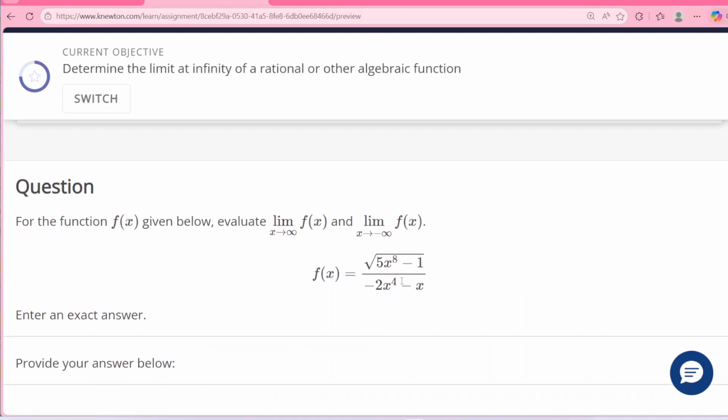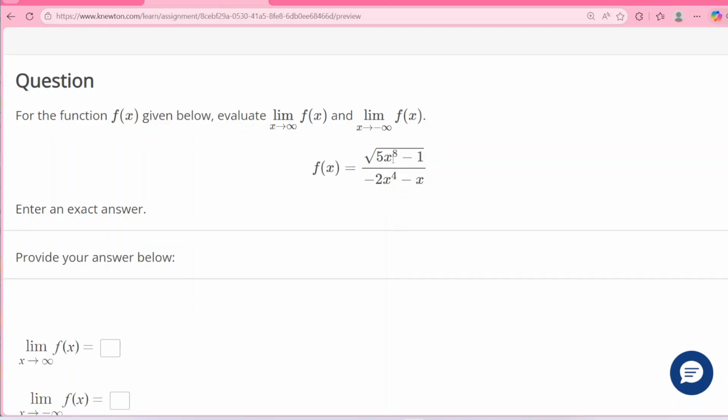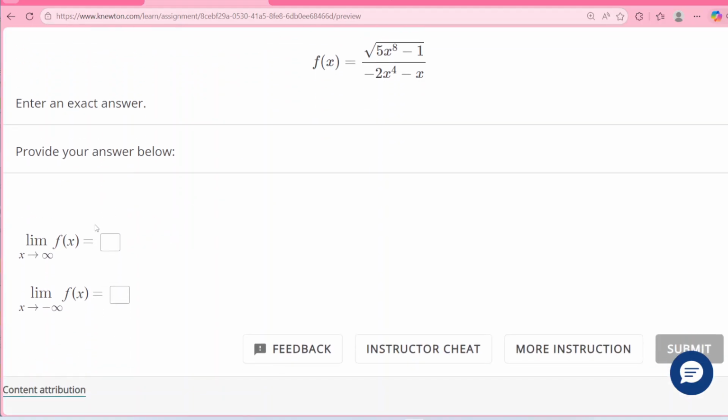This is very much the same thing, right? Notice it's got square root of x to the 8th in the lead term. So that'd be x to the 4th once again. Don't worry about that, it's always a positive number, so that'll always give you the positive root. And then you've got negative 2x to the 4th down here. The x to the 4th would cancel when I'm focusing on the lead term. So the limit on both ends would be positive square root of 5 divided by negative 2.